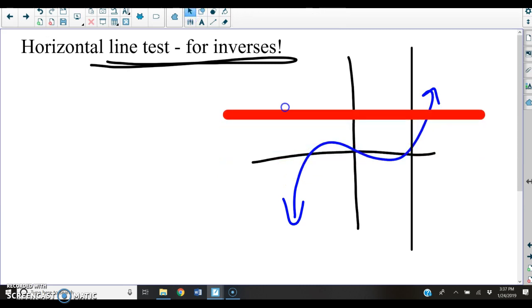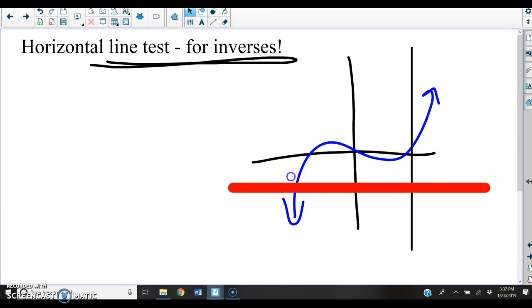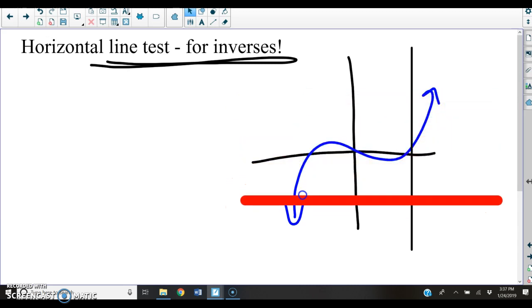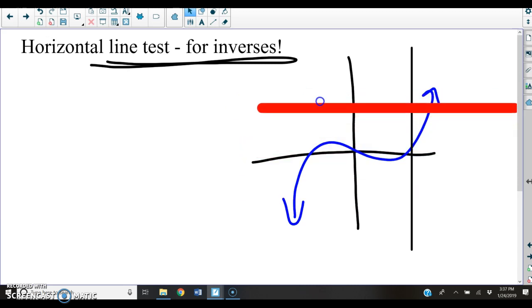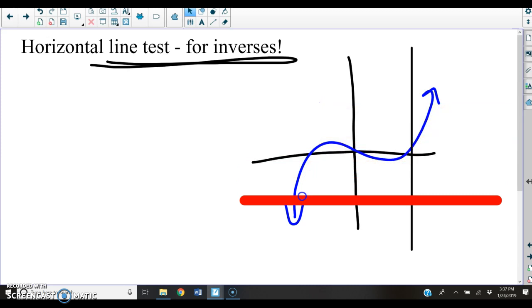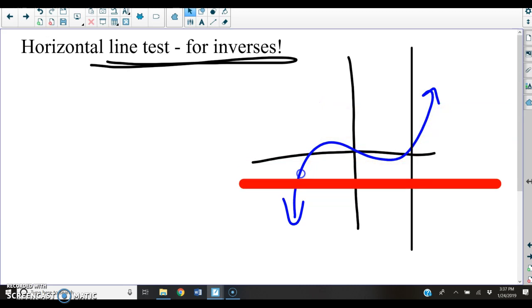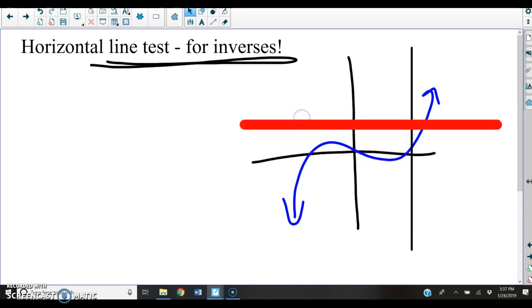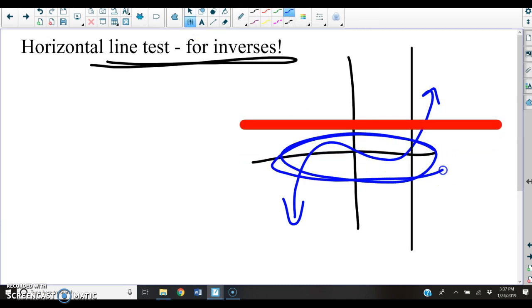Is there any point where your horizontal line is touching more than one x for the same y? And of course, there are several right here in this range. Right in that range, there's a bunch. This would not have an inverse.